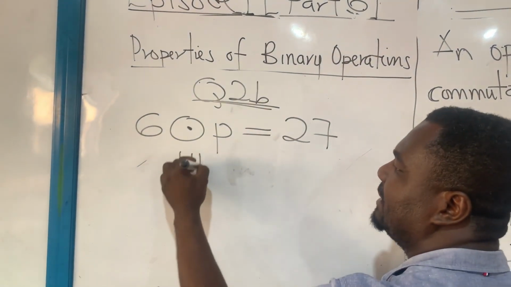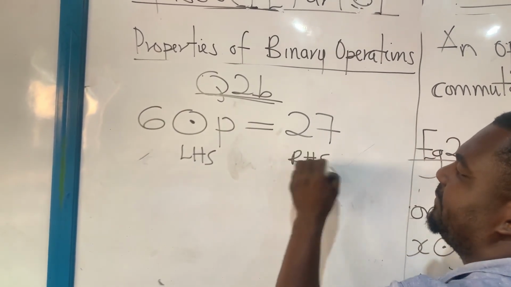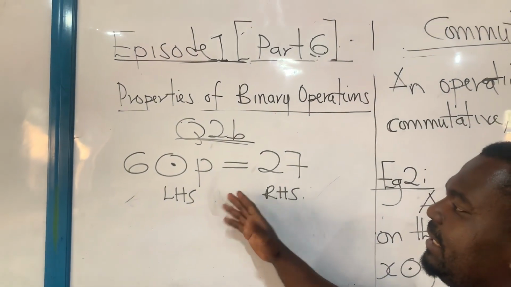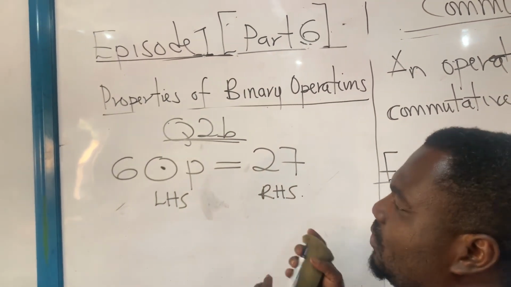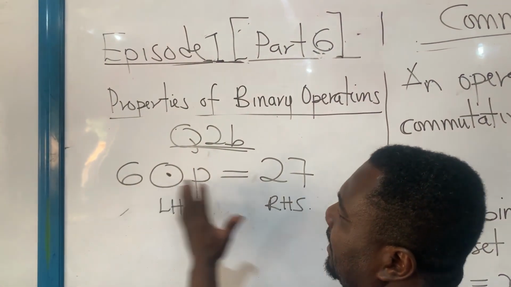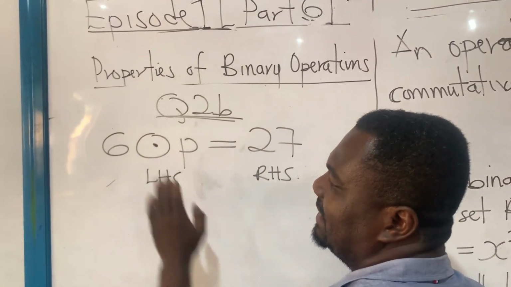We have the left-hand side and we have the right-hand side. Looking at the equation carefully, the left-hand side has the binary operation, but the right-hand side is just a number. So you are going to consider the left-hand side.